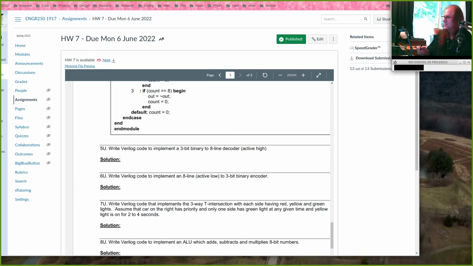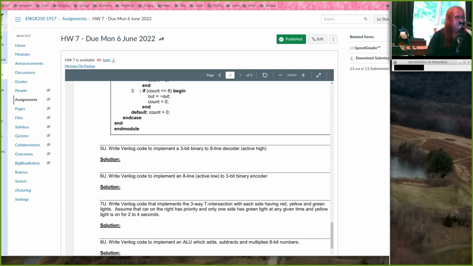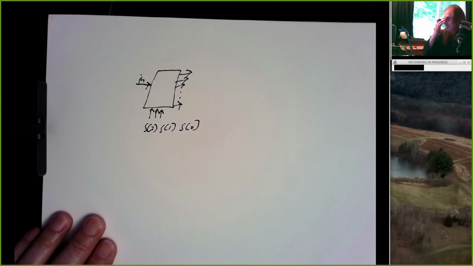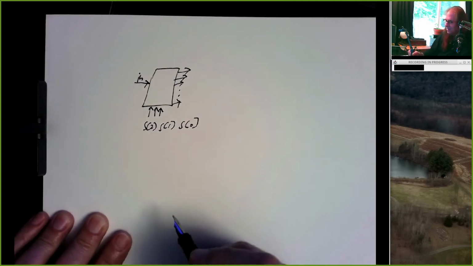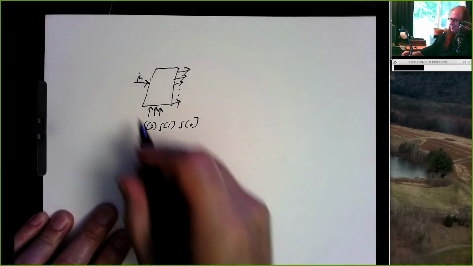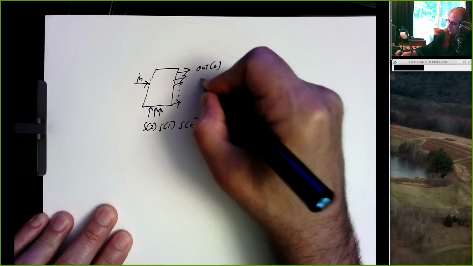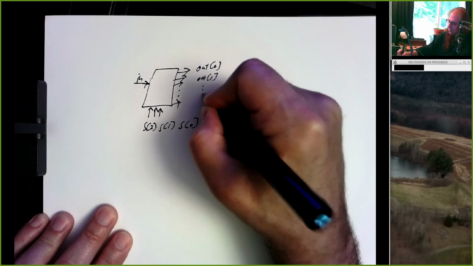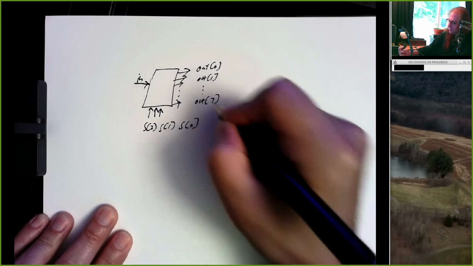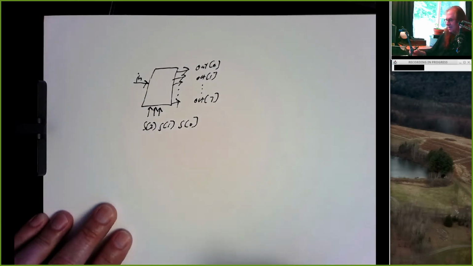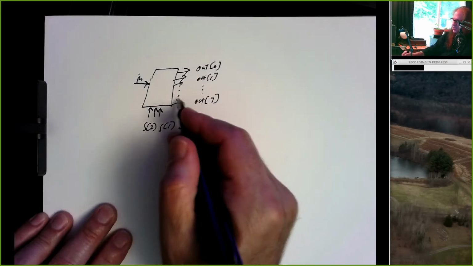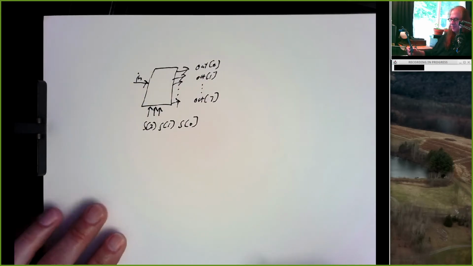So we have a select line, we have an input, and then we have a series of outputs. So we have a 3-bit select line, we have an input, and we have 8 outputs. So out 0, out 1, out 7. And so this select chooses which of these outputs should be driven from the input.